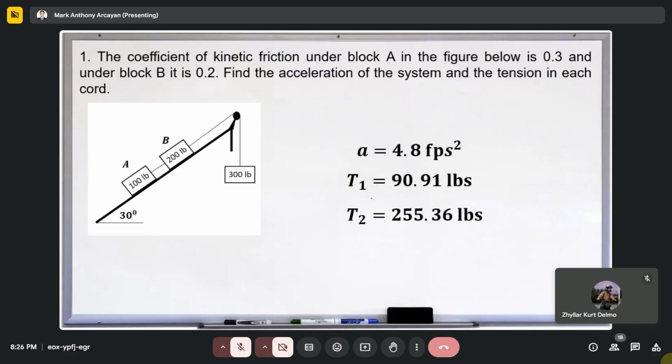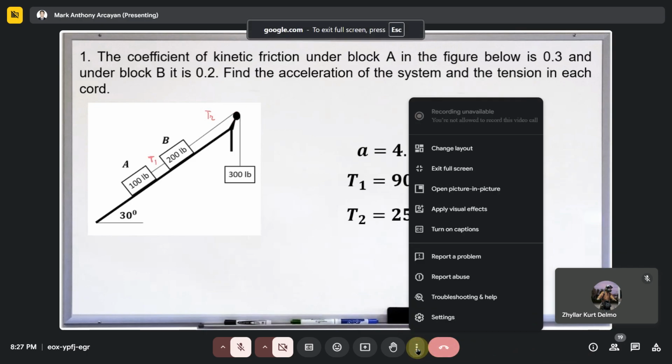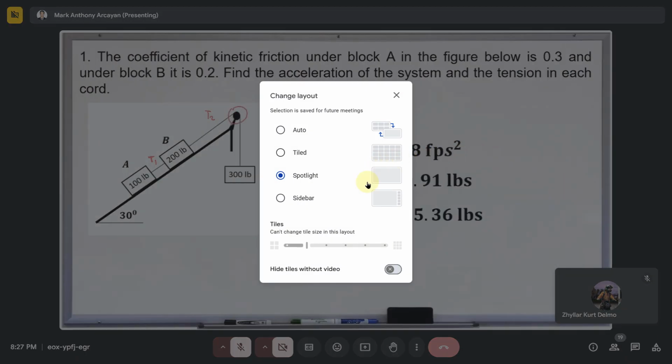As you can see, class, we have two cables, so expect that we have two tensions. Here, we'll assign the cable that connects blocks A and B as T1, and the cable connecting block B and this hanging block as T2. From the problem, it is not specified that this pulley is frictionless, but we will assume that it is frictionless.